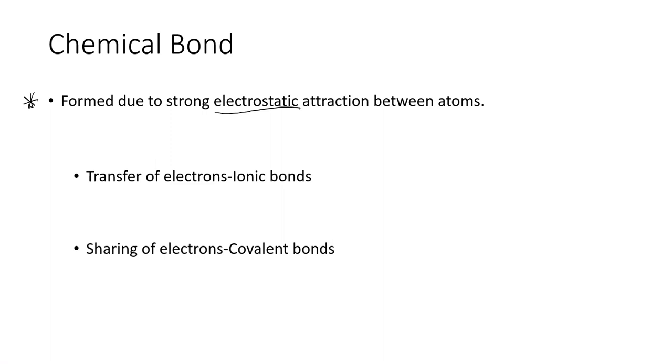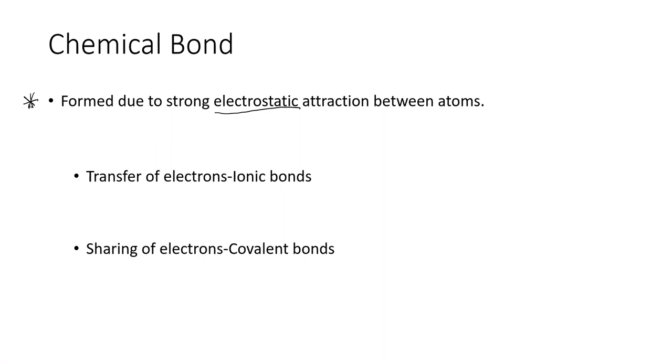It has something to do with electrons and protons. So when two atoms have a strong electrostatic attraction between them, what we result with is a chemical bond.